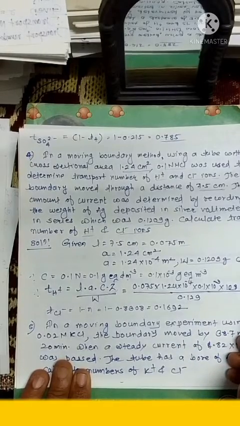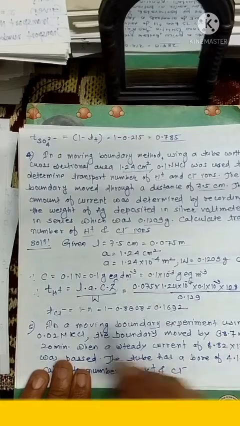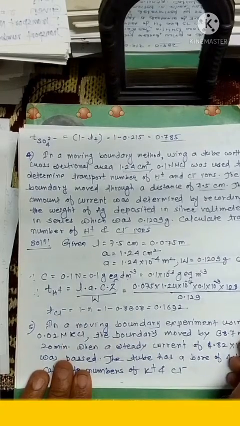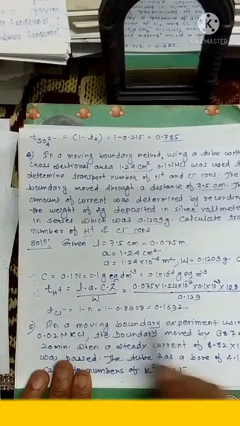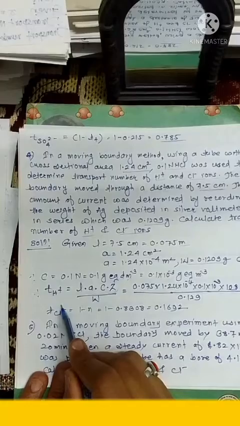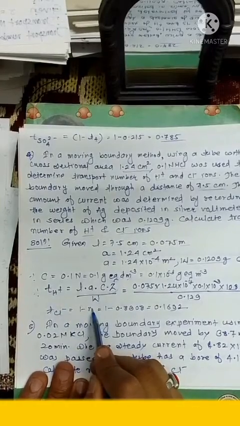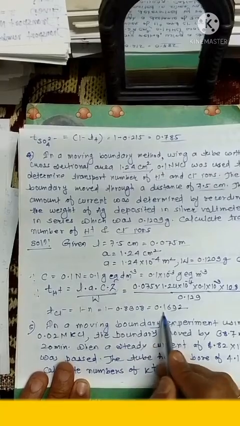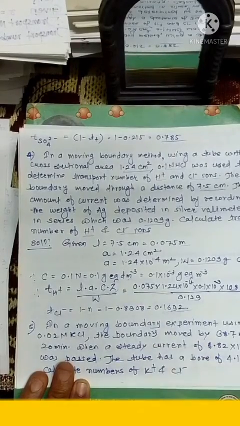So after solving this, the transport number of H+ is 0.8308. So the transport number of chlorine is 1 minus t+. So 1 minus 0.8308 is equal to 0.1692.